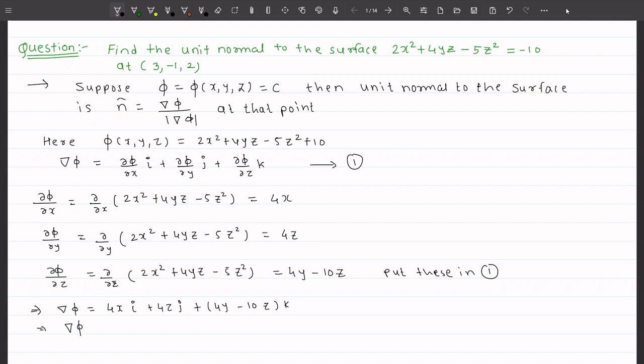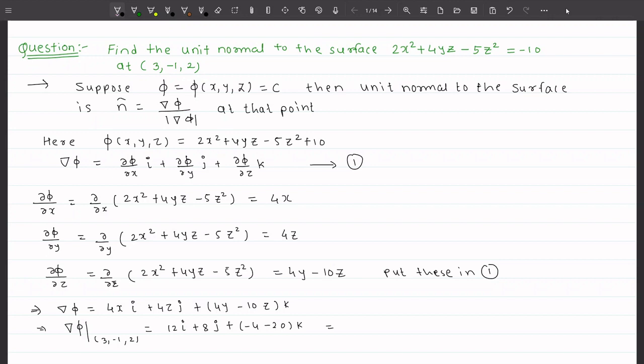So at (3, -1, 2), x is 3, y is -1 and z is 2. So 4 times 3 is 12i, plus 4z, that means 8j, plus (-4 - 20)k.